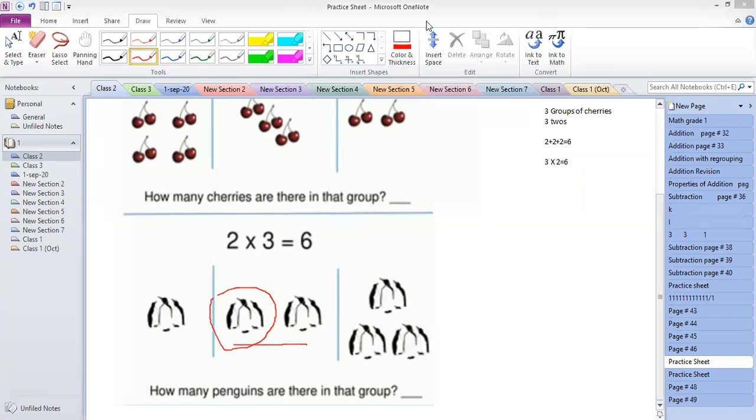Saud. Yes. How many groups of penguins are there? 2. So can I write? There are 2 groups of penguins.